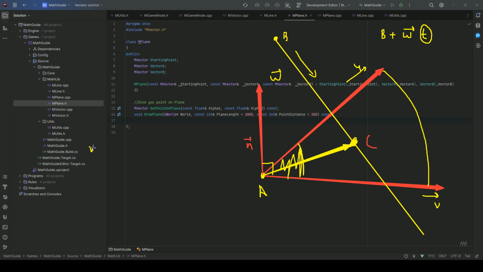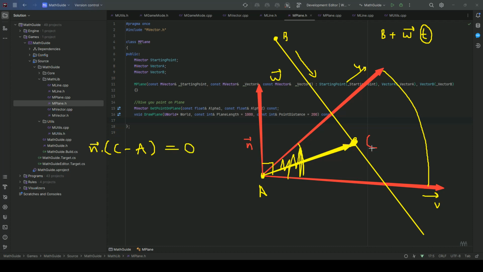So n vector, and I'm doing the dot product with this vector, so it will be C minus A. Sorry, C will be a point, so C minus A will be equal to 0.